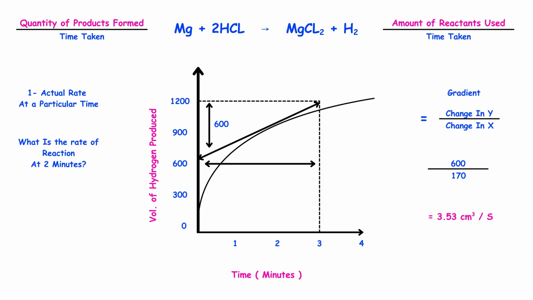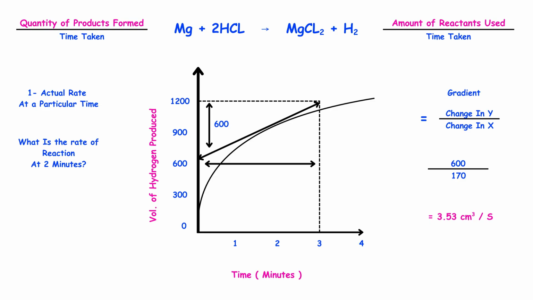At that point, instead of drawing a line across to the vertical axis, you need to draw a tangent, a straight line that just touches the curve at that exact spot and has the same slope or gradient as the curve at that point. Once the tangent is drawn, extend it long enough to reach both the x-axis and y-axis to maximize accuracy. From one end of the tangent, draw a vertical and a horizontal line to form a right triangle.